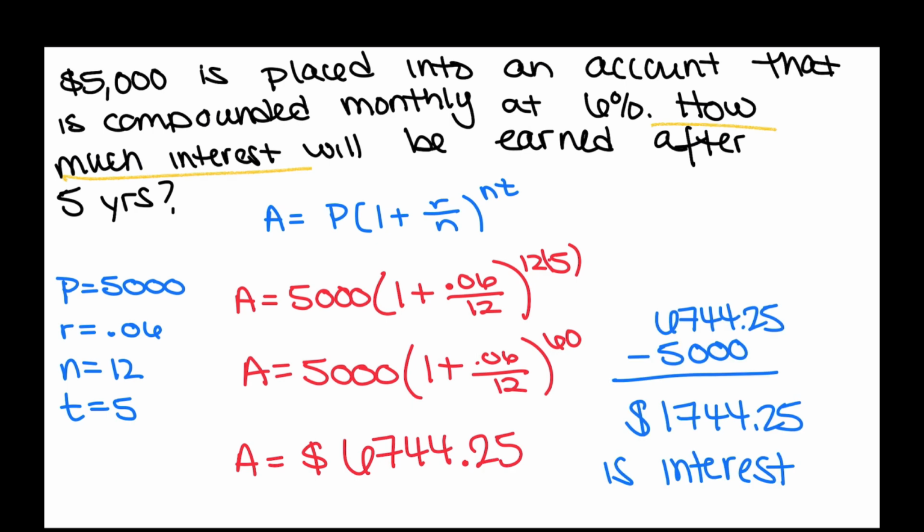So I can take that future value number, I can subtract my initial value, and I get an increase of $1,744.25. And that increase is my interest. So this $1,700 number is the interest that I've earned.